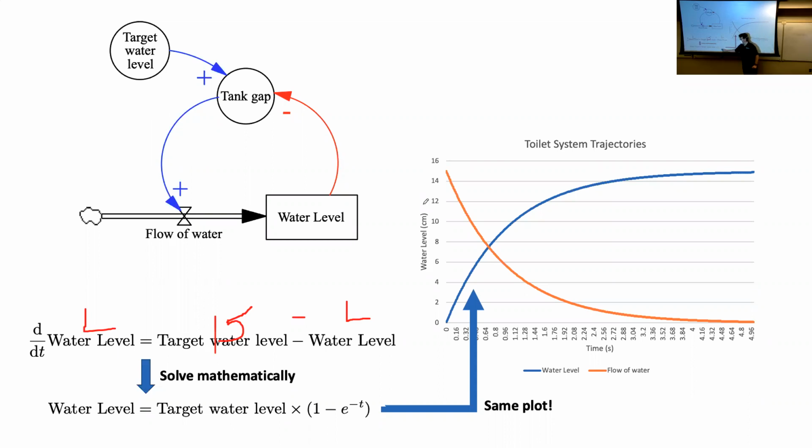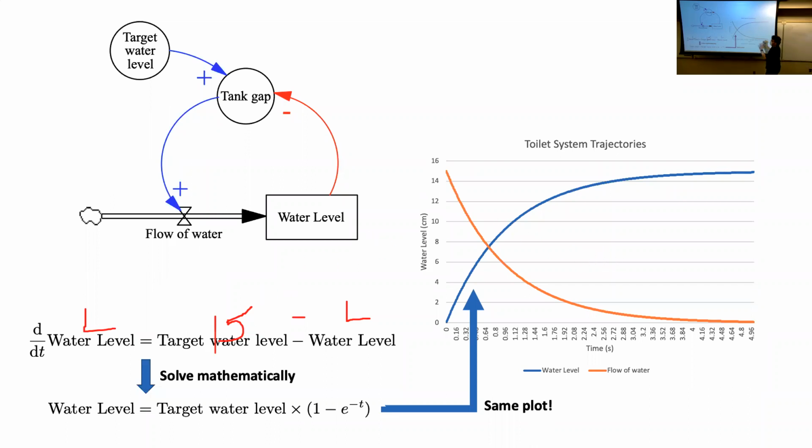I could solve this and get exactly that. And then I could plot this expression. And I could even take the derivative of water level and plot the expression that I get there. If I were to plot both of those, I would get exactly the blue line for this expression and the red line for the derivative of this expression with respect to t. So I could do it mathematically, but here I can do it numerically.